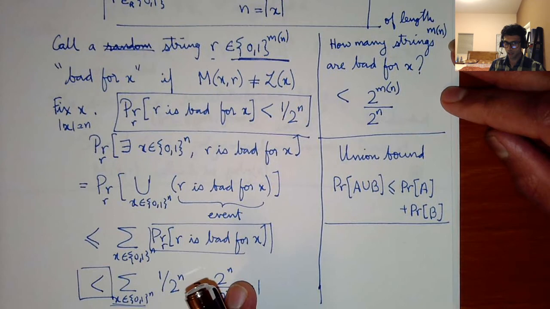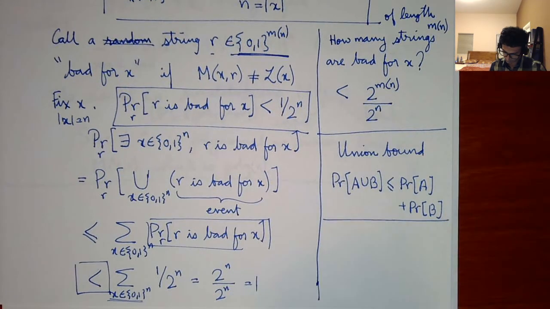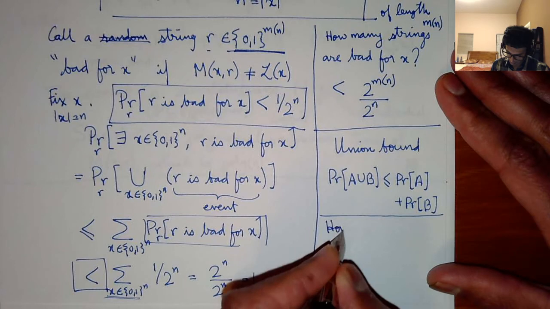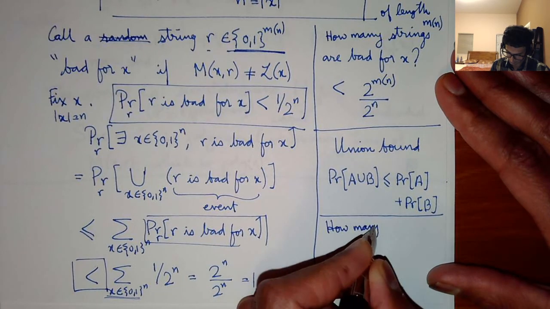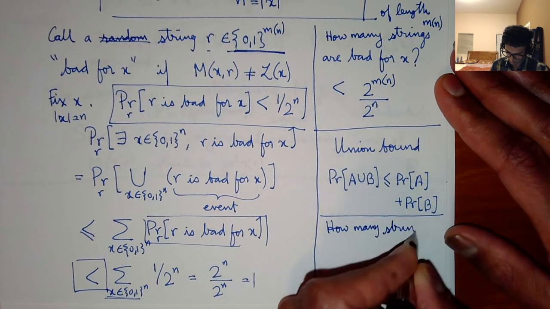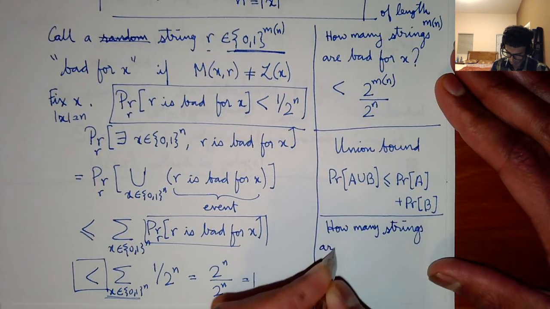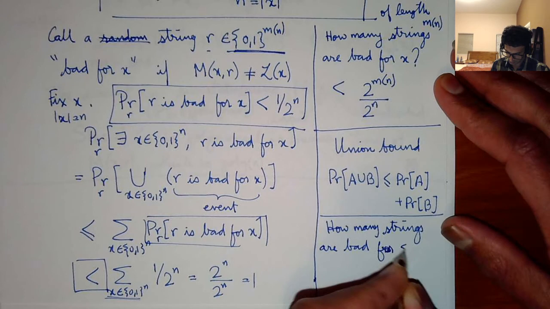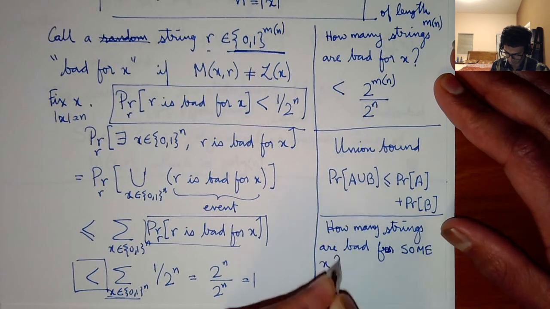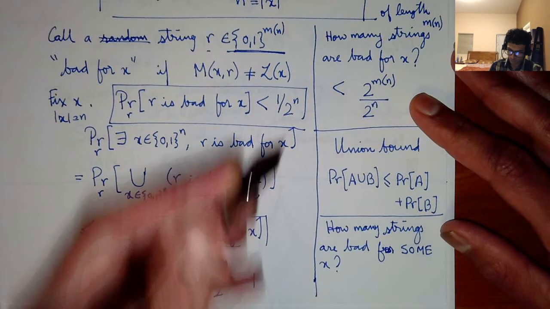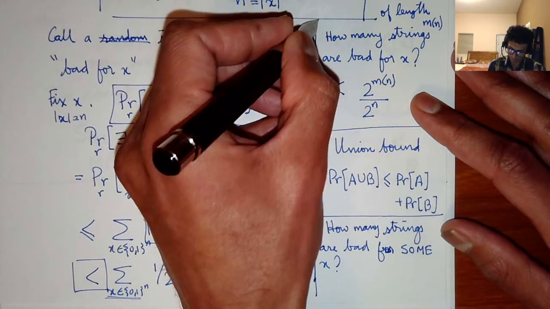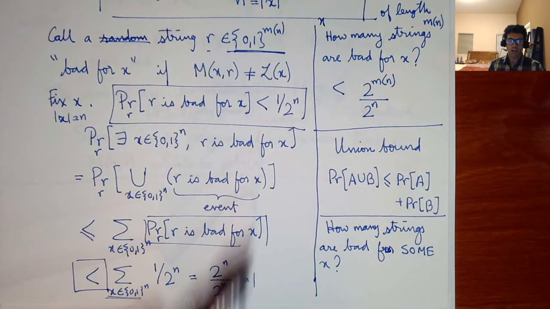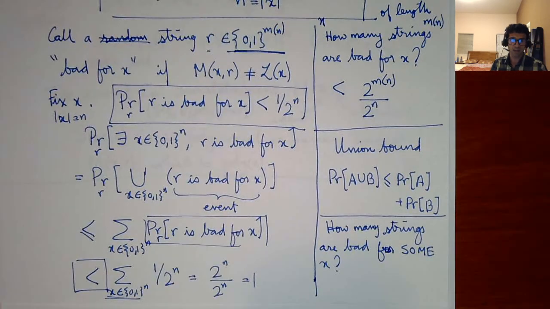Now let's go to the next step. We say, how many strings are bad for some X? So here you fixed X. I fixed X, and then I said how many strings are bad for X. How many strings are bad for some X?